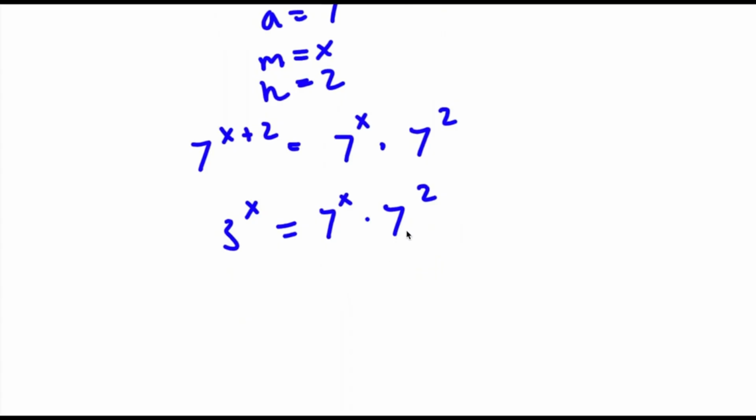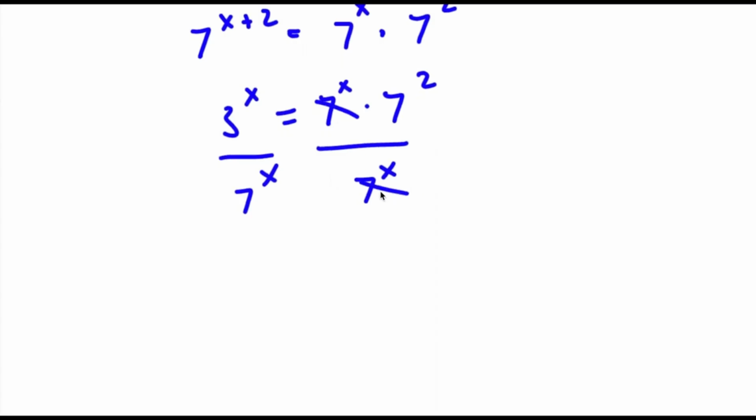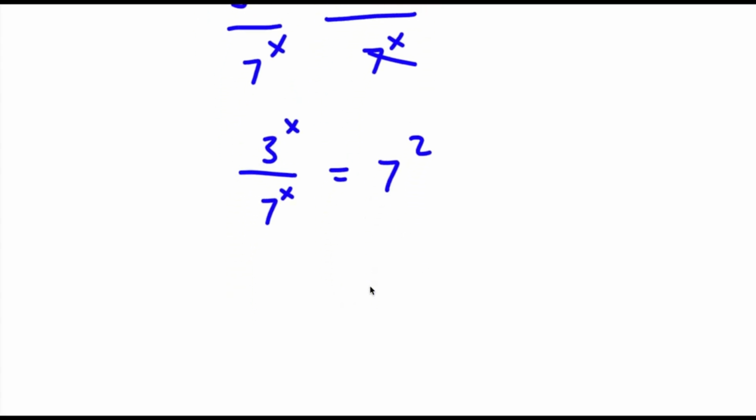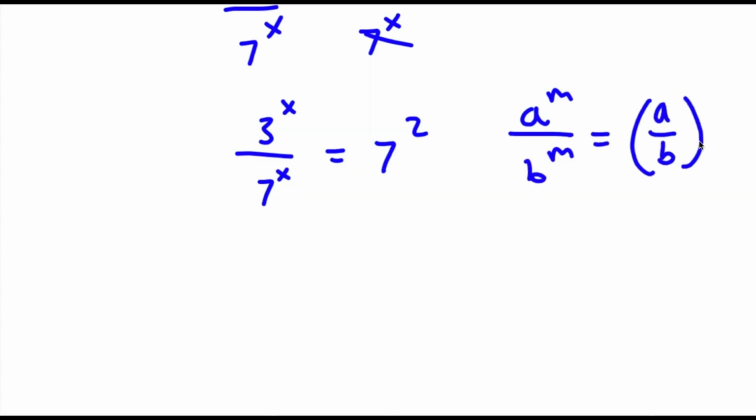Now I'm going to go ahead and divide both sides by 7 to the power of x. So then these two will cancel out, and I will be left with 3 to the power of x over 7 to the power of x is equal to 7 squared. Now if I have something in the form a to the power of m over b to the power of m, this can be written as a over b to the power of m.